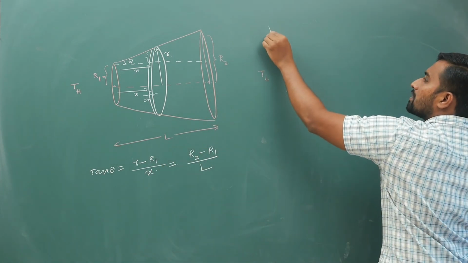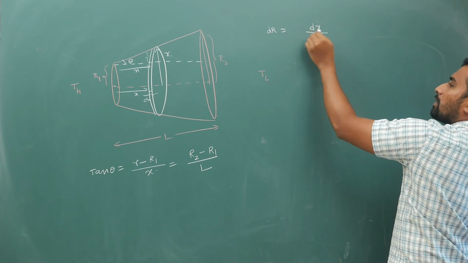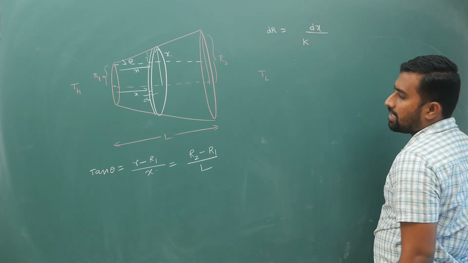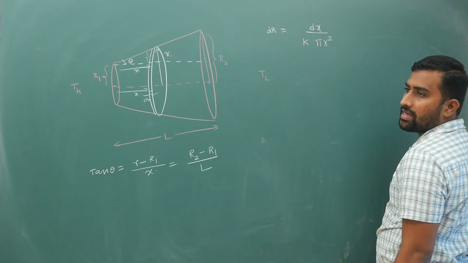Now if you define your small resistance dR, that is your small length dx by thermal conductivity k times area pi r square. Now here you have two variables.